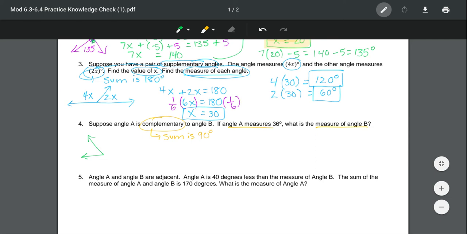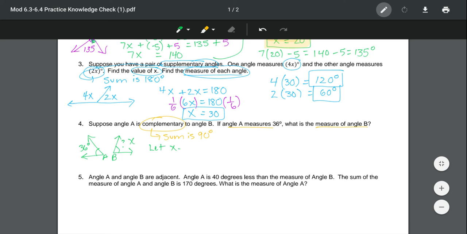Okay, so angle A measures 36 degrees. And then the other angle, angle B, we don't know. So I'm going to call that x. Okay, so they don't say anything about these angles being adjacent, so I'm just going to draw them separately.